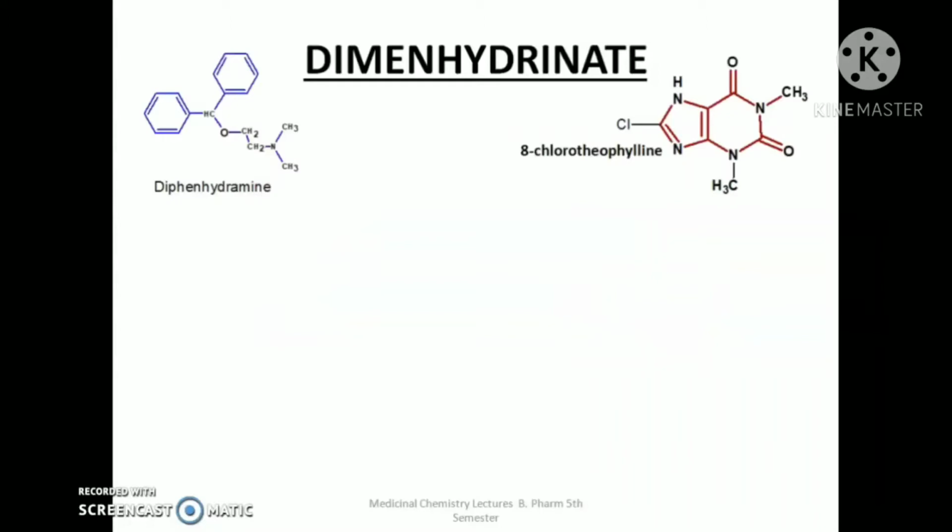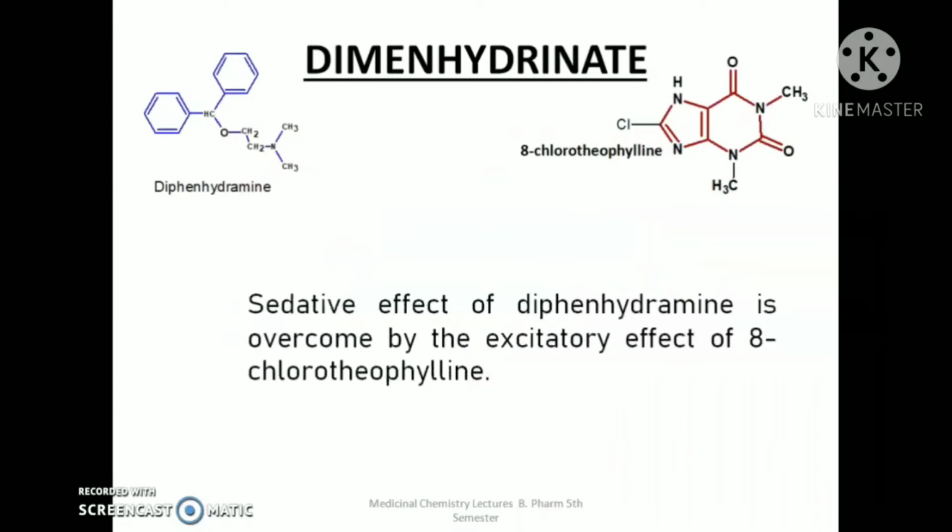They are CNS stimulants. The main side effect of diphenhydramine is that it is highly sedative. So when you combine it with 8-chlorotheophylline, it has some CNS stimulant action. So the sedative action of diphenhydramine can be counterbalanced by the excitatory effect of 8-chlorotheophylline.